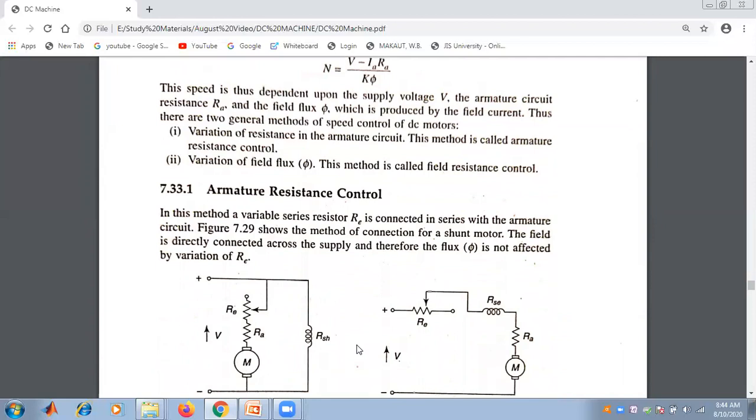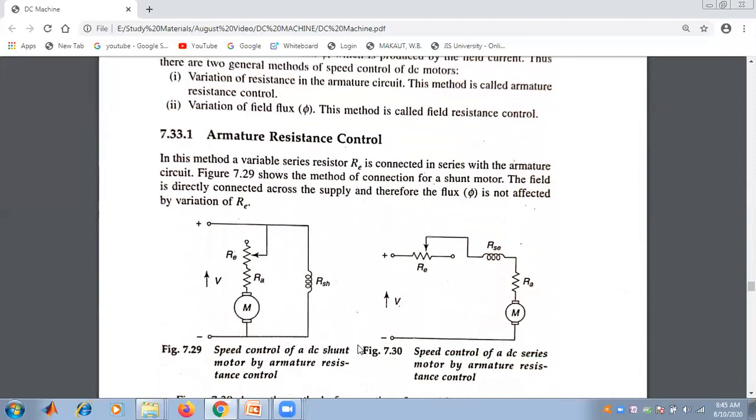In this method, a variable resistance is used. This is the speed control of a DC shunt motor by armature resistance control, and here is the speed control of a DC series motor by armature resistance control. What is the process?